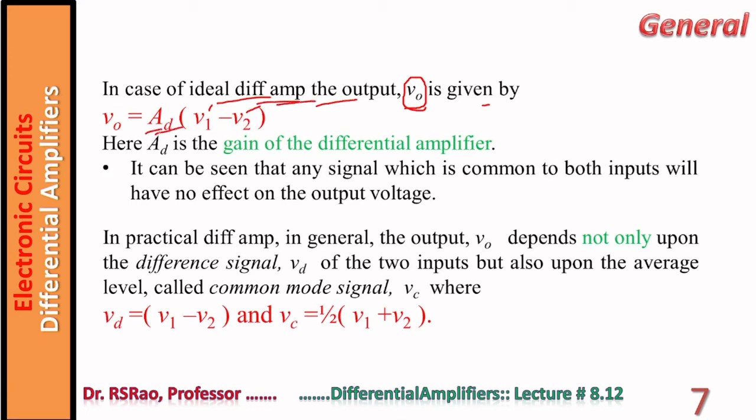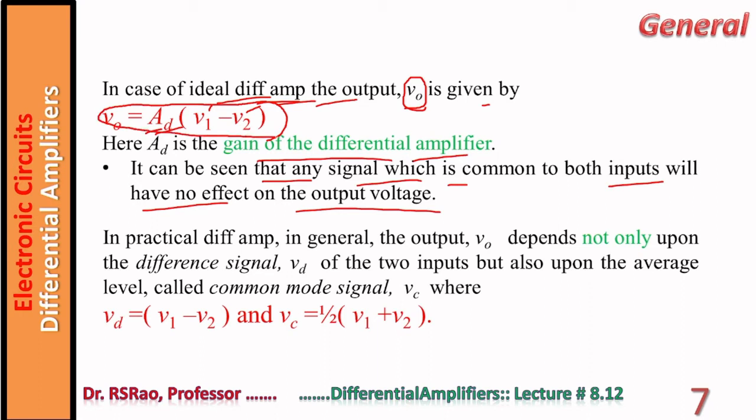AD is the proportionality factor. It is the gain of the differential amplifier. It can be seen that any signal which is common to both inputs will have no effect on the output voltage.